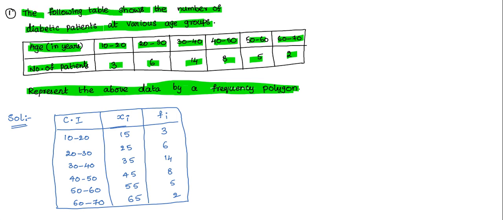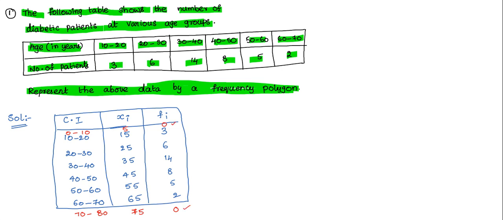Since the class size is the same, the next interval is 70 to 80, so the xi value is 75 and frequency is 0. In the same way, I am adding the interval 0 to 10, so the xi value is 5 and frequency is 0.